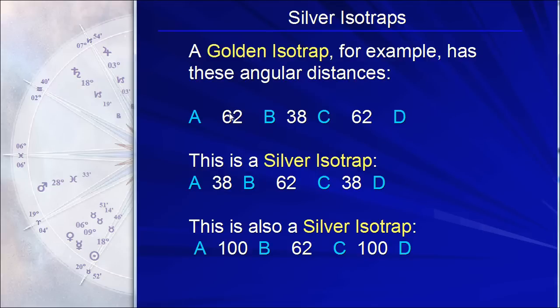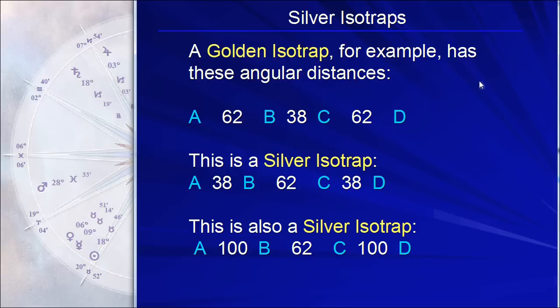So approximately, for example, if this was A and B angle 62 degrees and the BC angle is 38 degrees, B is at the GM6 midpoint between A and C, and then C is at the closer of the 2 midpoints between B and D. It's the GM3. So it's a GM6 midpoint structure followed by a GM3 midpoint structure.